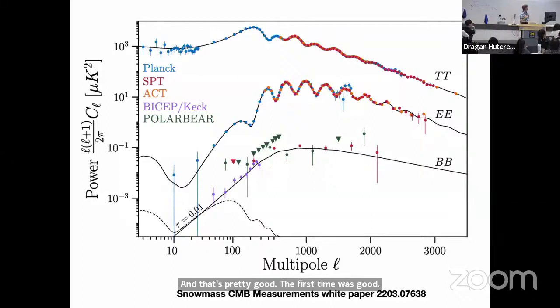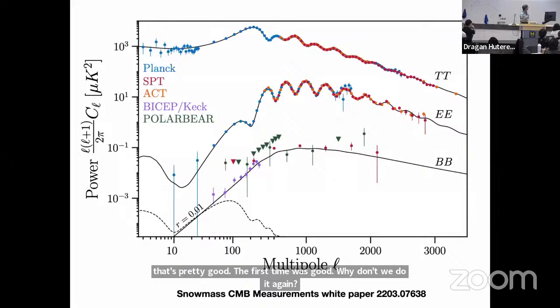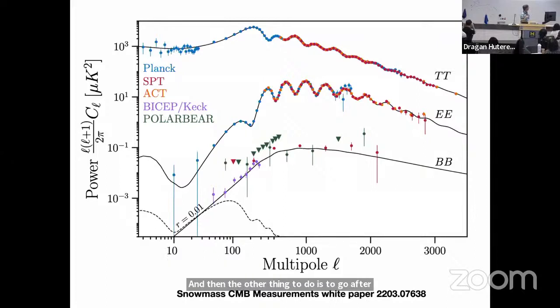And then the other thing to do is to go after these polarization B modes. And what you see is just the tyranny of how small the signal is. This is in microkelvin squared. And you see these signals could reasonably be measured in a unit of nanokelvin. And that's just a really small signal. And so that's why you see the measurements that have been made, they're pretty good, but they're still a little bit noisy.